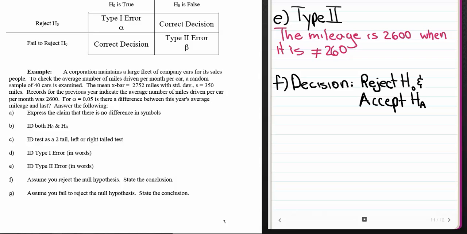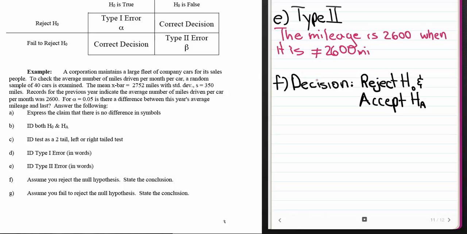It's really different from 2,600. Again, with restrictions on time, I don't want to write that all out perfectly, but obviously what I would say is that the type 2 error is saying that the mileage is 2,600 miles as it was in the previous years, when it is really different from the previous year's mileage of 2,600.